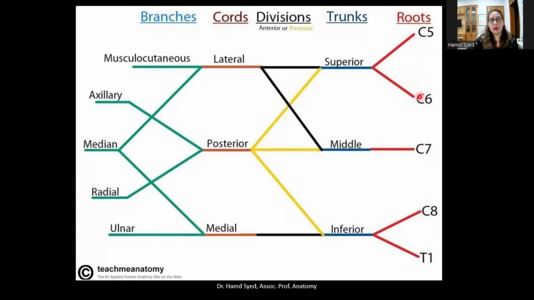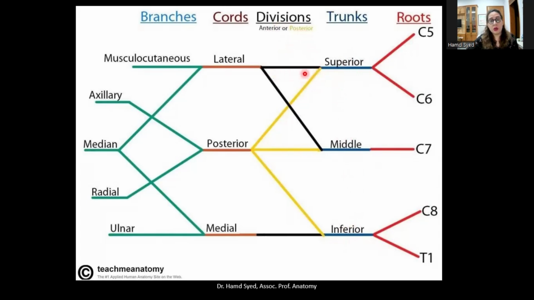And like I told you, C5 and 6 are going to come together to form the upper or superior trunk. C7 will continue as the middle trunk. C8 and T1 will unite to form the inferior or lower trunk. So these are the three trunks of the brachial plexus: upper, middle, and lower. And then come the divisions. Divisions, I told you, can be anterior or posterior.